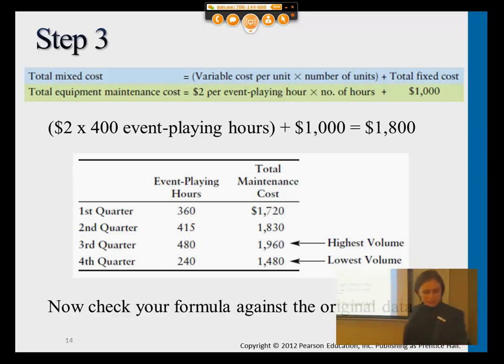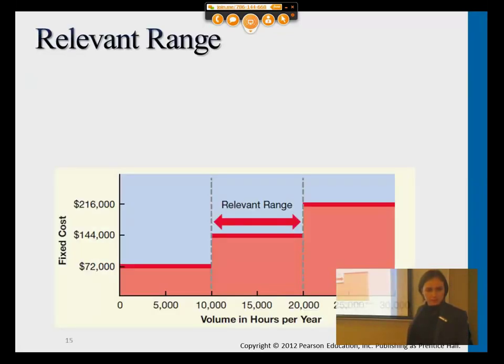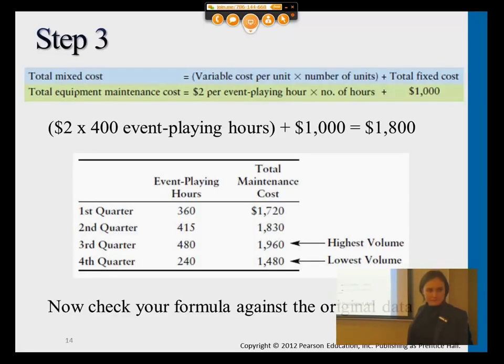So let's see if it makes sense with the original data. Does a cost of $1,800 make sense, or would it not make sense? What do you think? If I just analyze the numbers, it should make sense, because it's definitely lower than my highest volume, which is 1960 for the 480 hours.